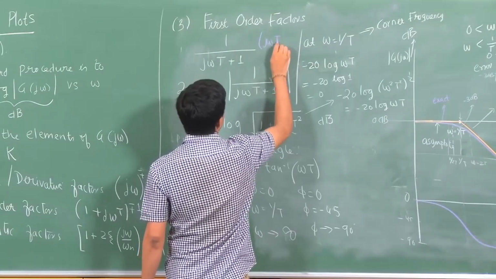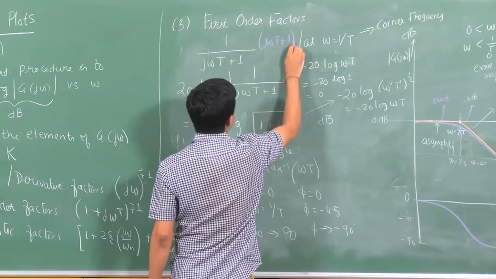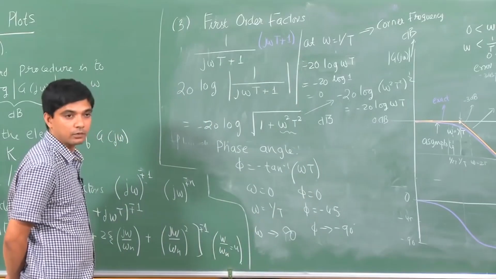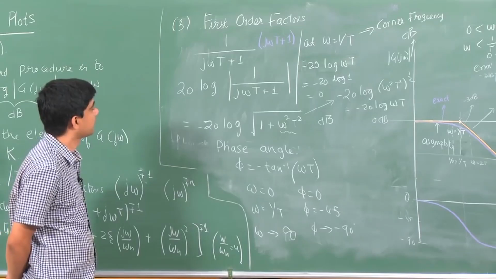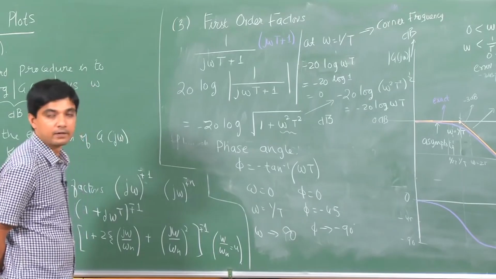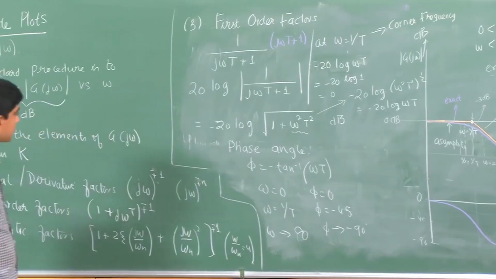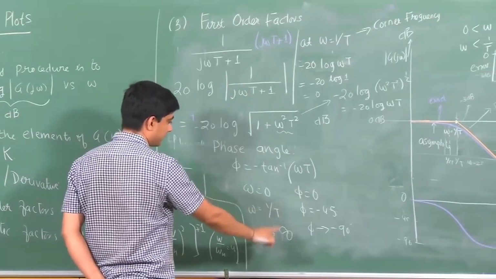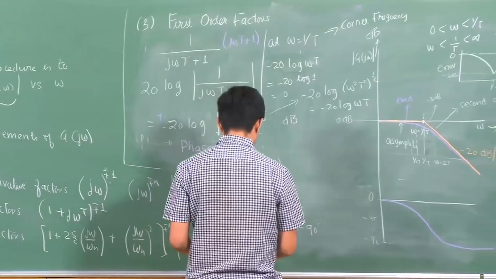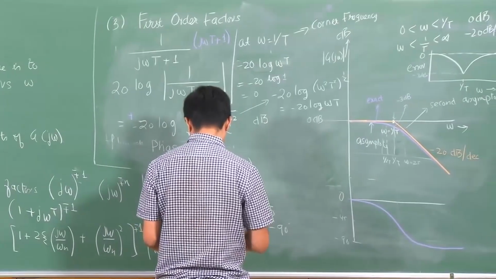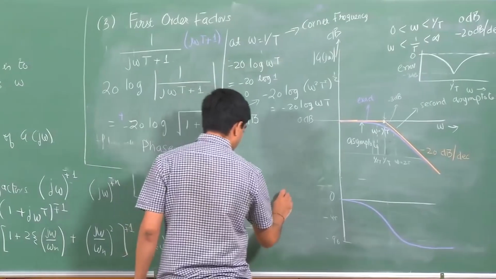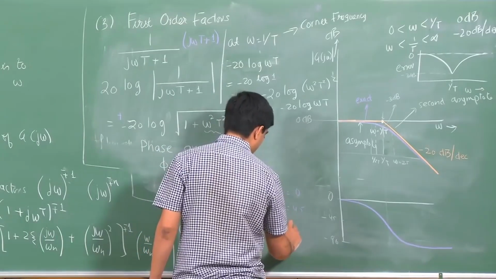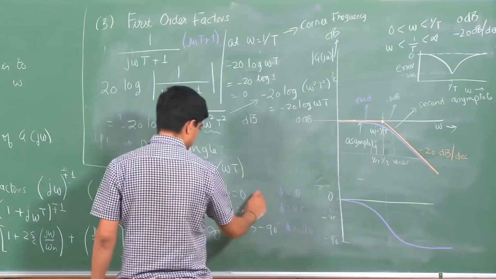I could do this exactly in the same way for a zero, a first order factor j omega t plus 1 in the numerator. Nothing would change, just that this minus 20 will now become plus 20, everything will be the same. In this case phi would be 0, 45, 90 for these three cases.